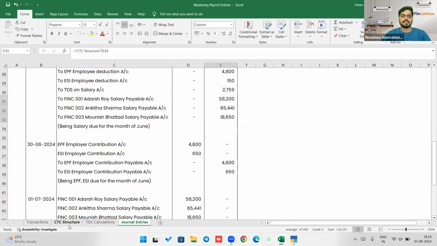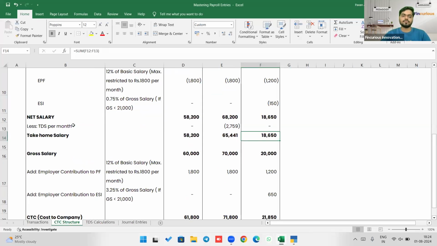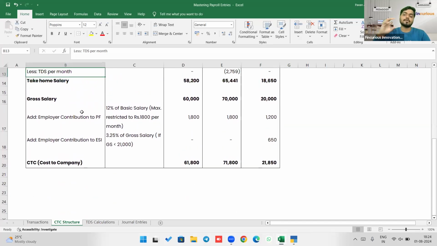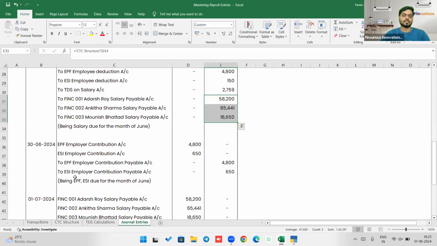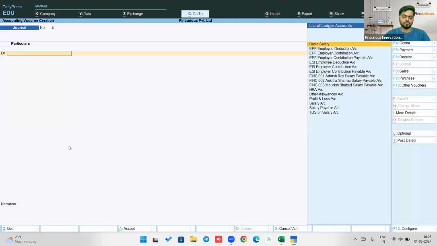In the CTC structure, if you remember, apart from EPF, ESI, TDS, we have even calculated the employer contribution. If the employee is contributing to PF and ESI, the employer is also contributing, and for that also we need to pass the entry first, on 30th June itself.